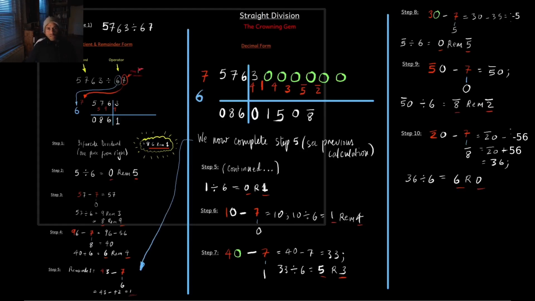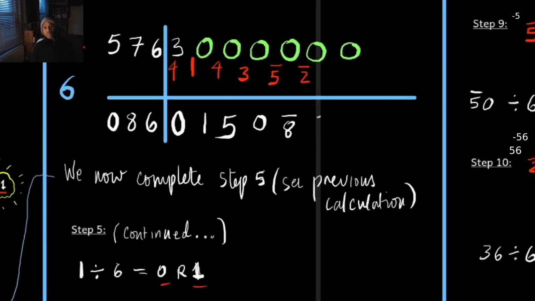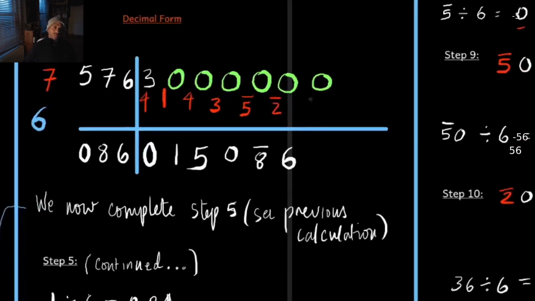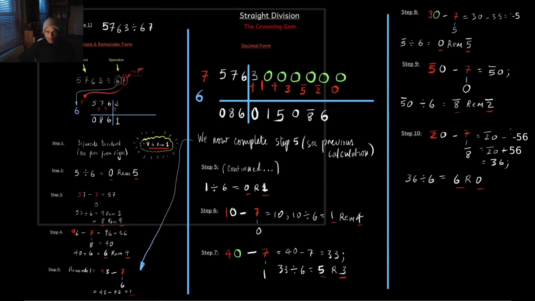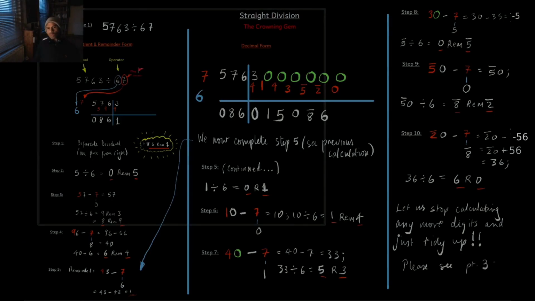So put the 6 in the answer box next to the minus 8 there, and the 0 next to the prepended 0. I don't think there's a step 11. Let us stop the calculation there. Don't do any more, and we'll just tidy up next time round. Please tune in to part 3.